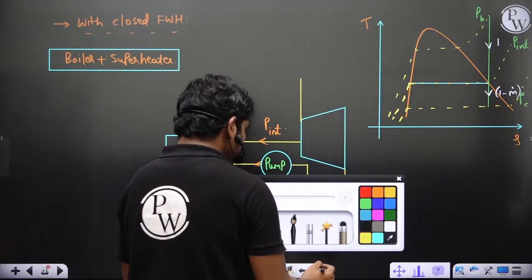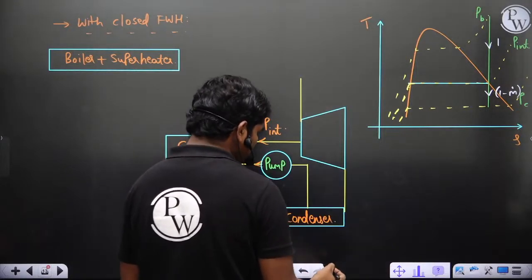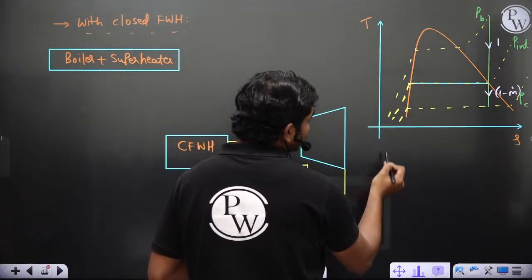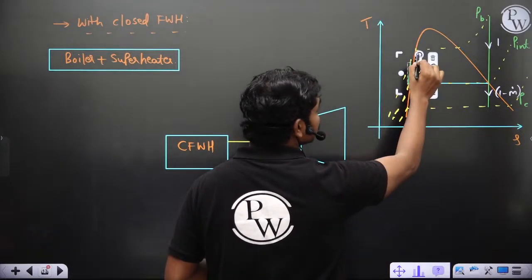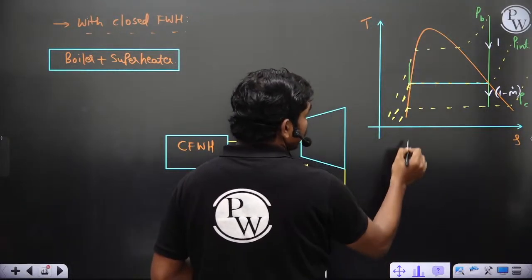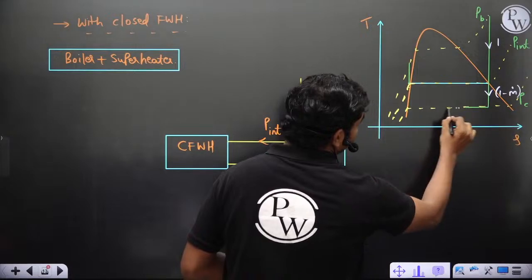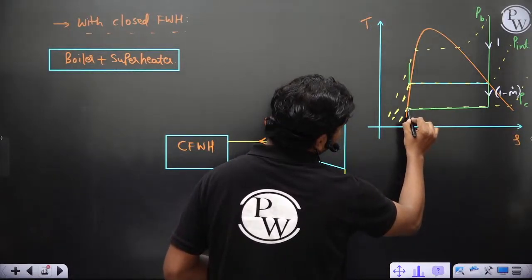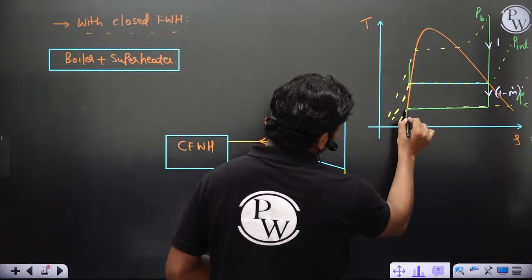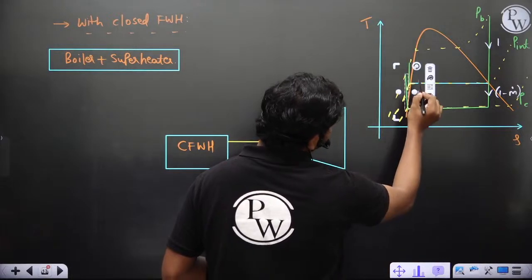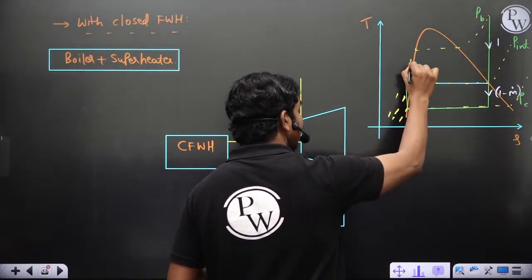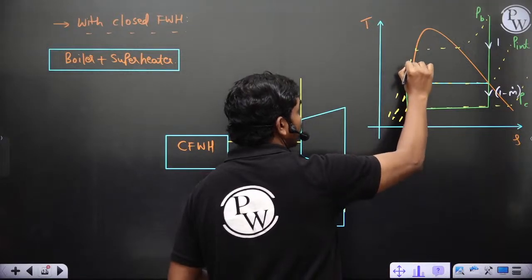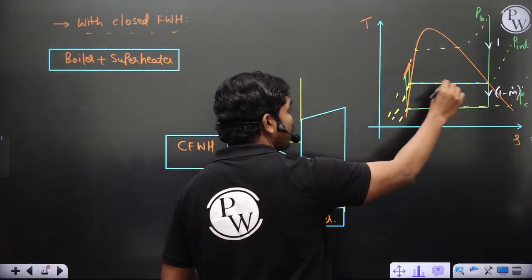Now since these two fluids do not mix each other, there is one pump which takes this directly to this pressure, and for the rest of the fluid which is coming out, which is getting heated up, this pump can take this fluid directly here. This part of heating of the condenser fluid is happening because of this steam.